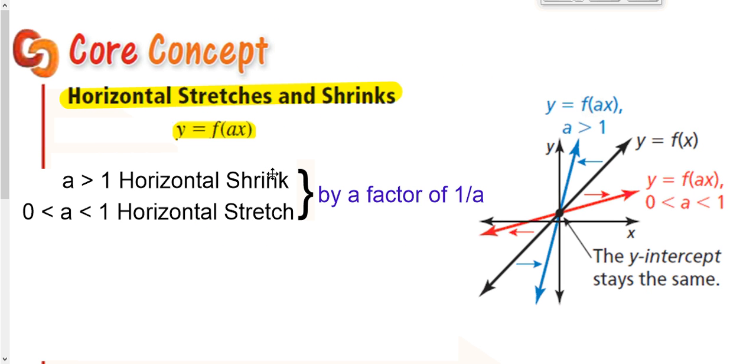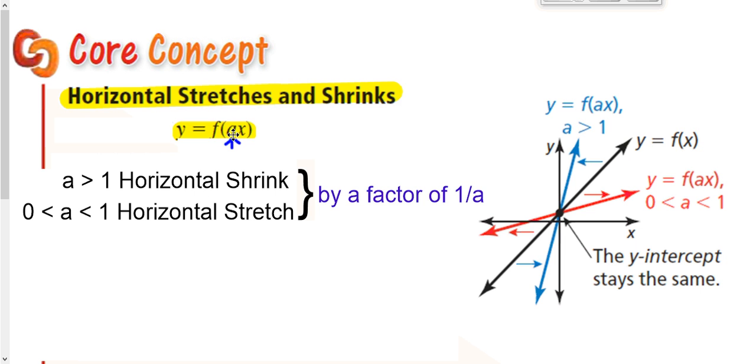Another transformation is going to be a horizontal stretch or shrink. This is very, very important to pay attention to. So if I have my function that says y equals f of a times x, this a right here is what we're looking at.